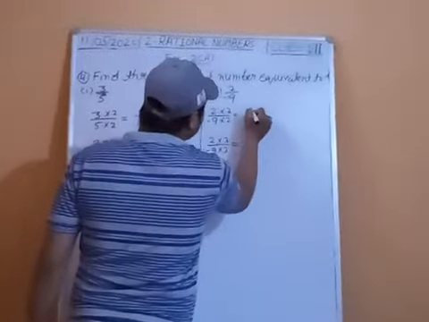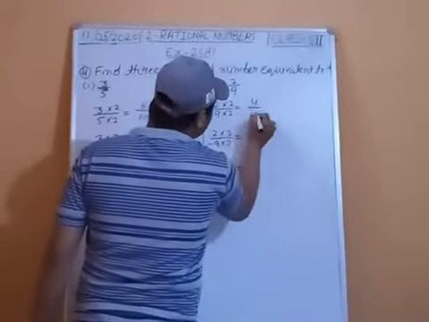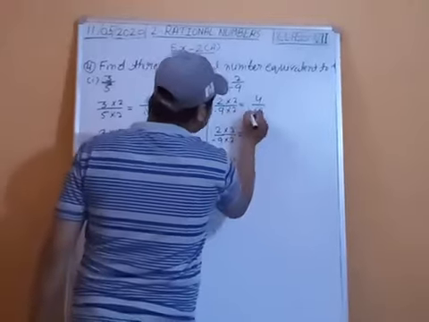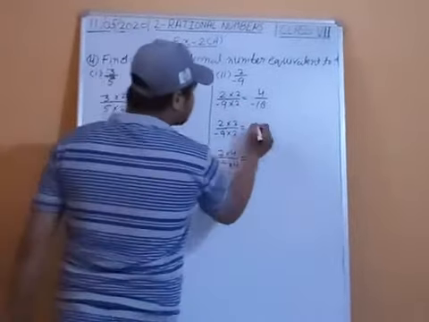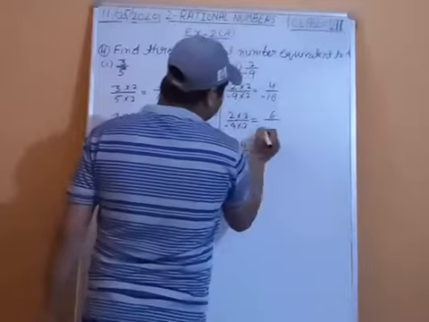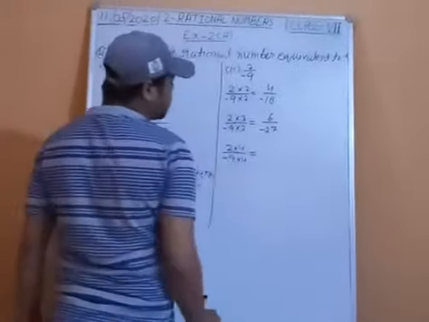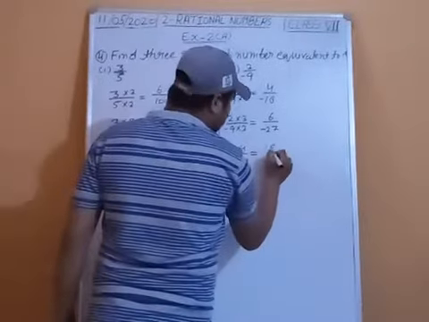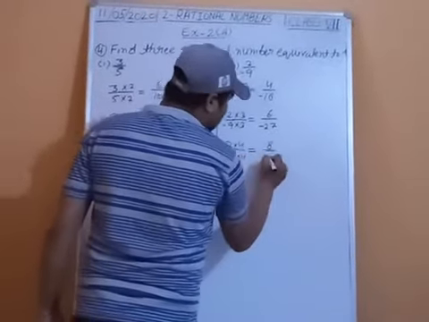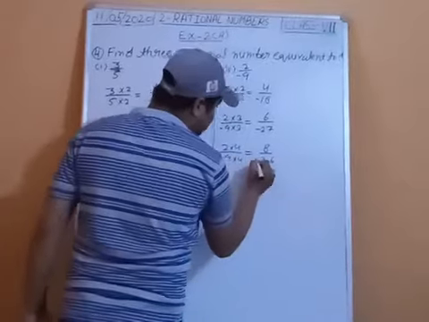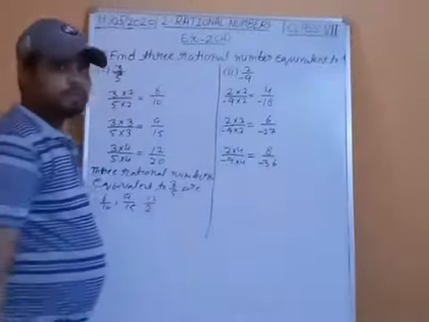2 2s are 4, 9 2s are 18, minus plus minus 18. 2 3s are 6, 9 3s are 27, minus 27. 2 4s are 8, 9 4s are 36, minus 36.